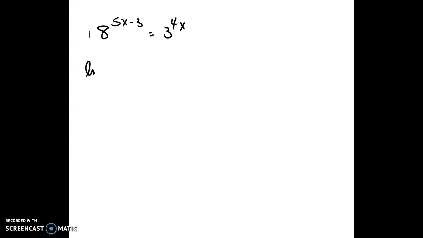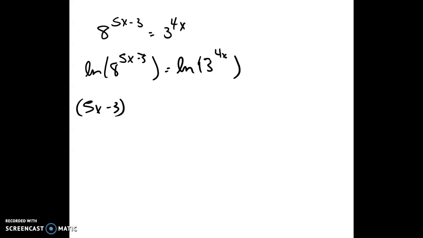So natural log of 8 raised to 5x minus 3, and natural log of 3 raised to 4x. Now the reason that we do that is for this next step. These exponents are going to be thrown to the front, so that 5x minus 3 is now in front of the natural log of 8, and that 4x is now in front of the natural log of 3.